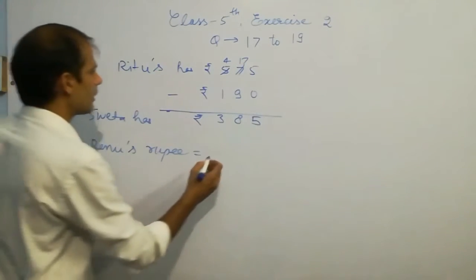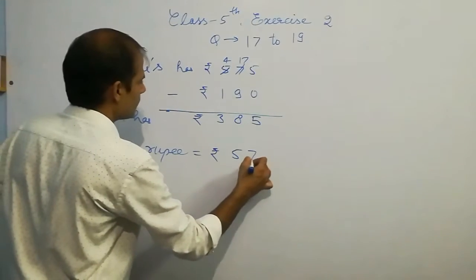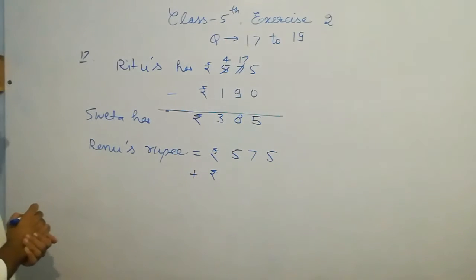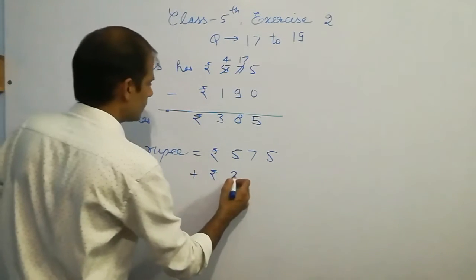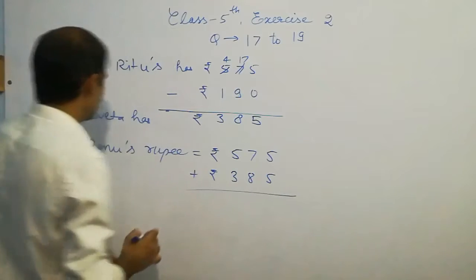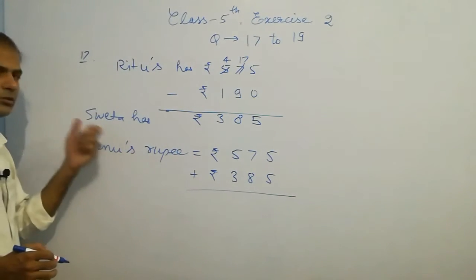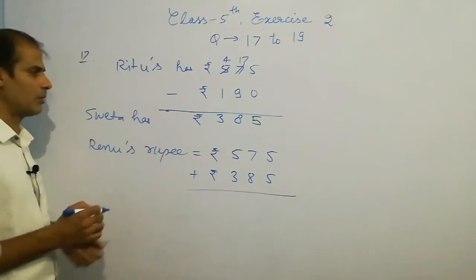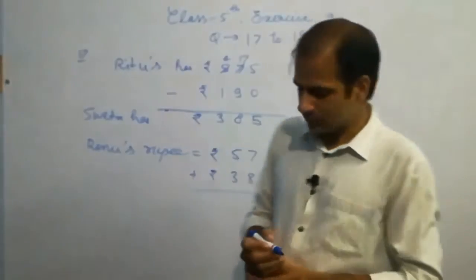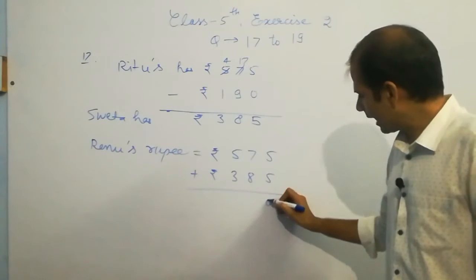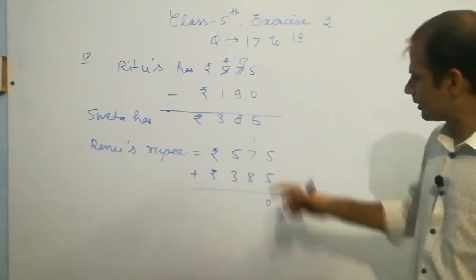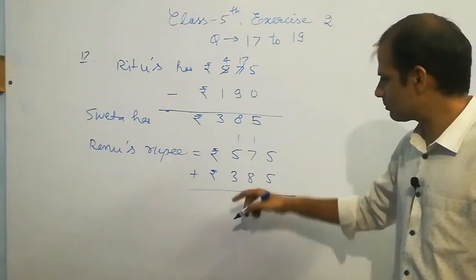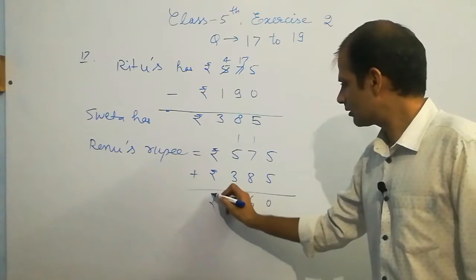So Ritu's amount is rupees 575 and you have to add Shweta's amount, it is 385. So Renu's amount is equal to the sum of Ritu's amount plus Shweta's amount. Now perform the addition. 5 plus 5, 10. 1 carry, it is 8 plus 8, 16. 1 carry, this is 6 plus 3, 9.